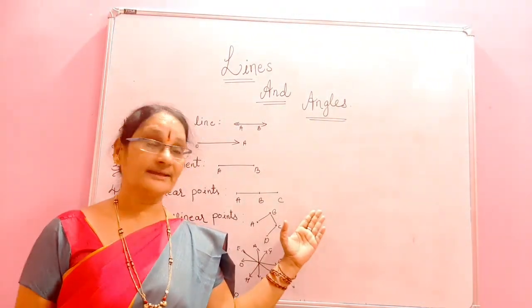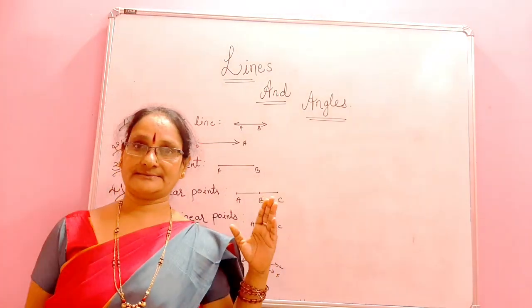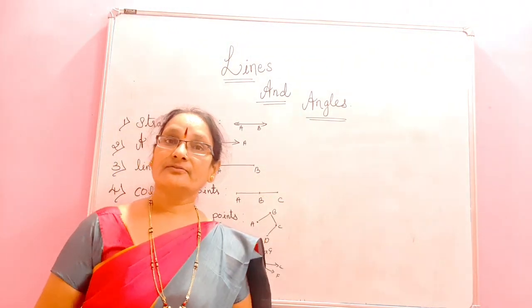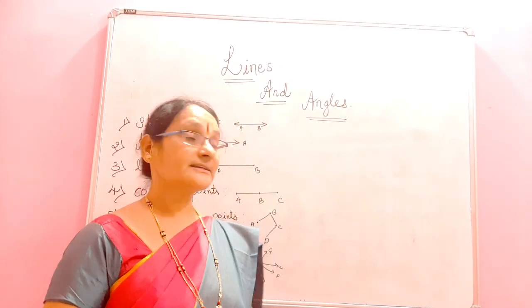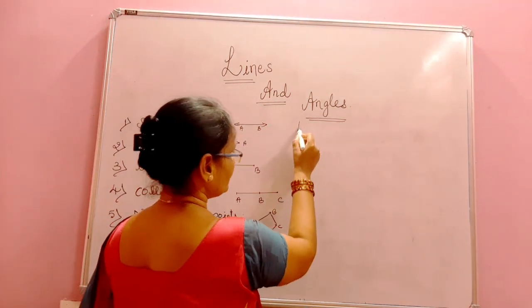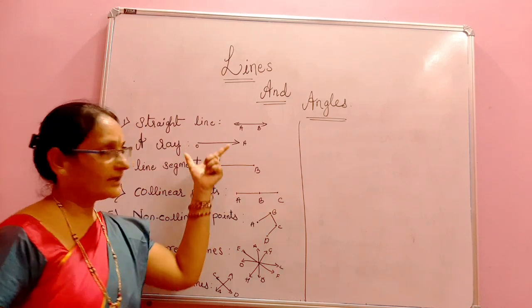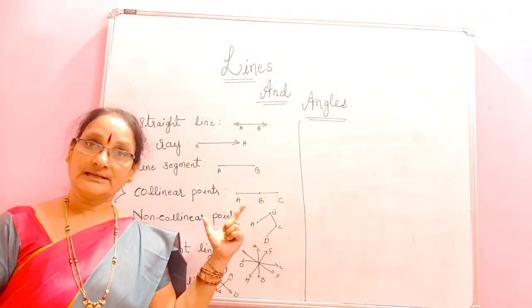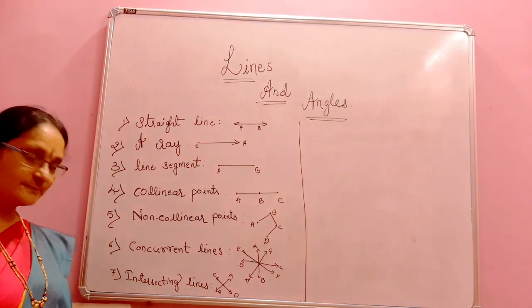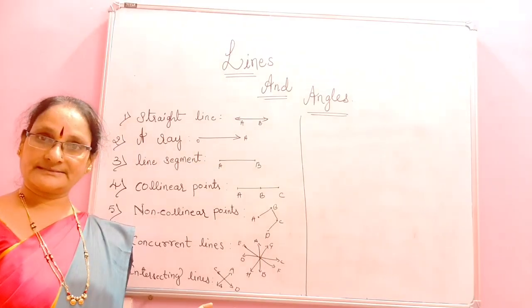My today's topic is lines and angles. My dear students, first and foremost, I would like to explain straight line. See here students, these all are kinds of lines. So many kinds are there. In this, I am explaining today 7 lines.